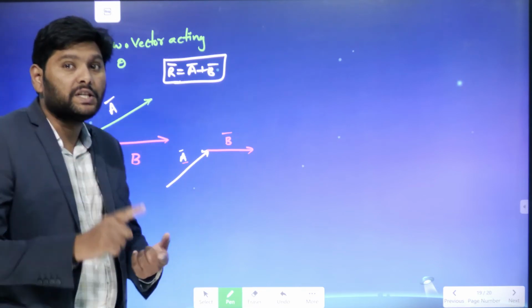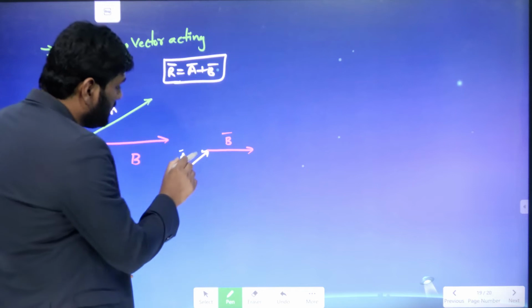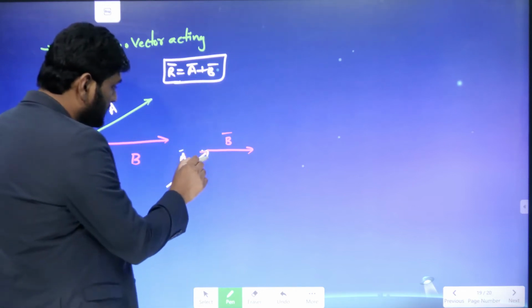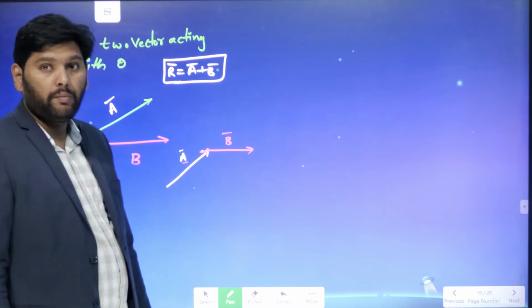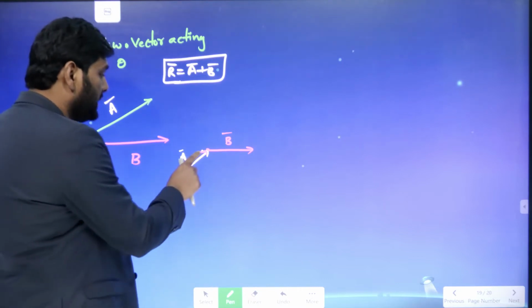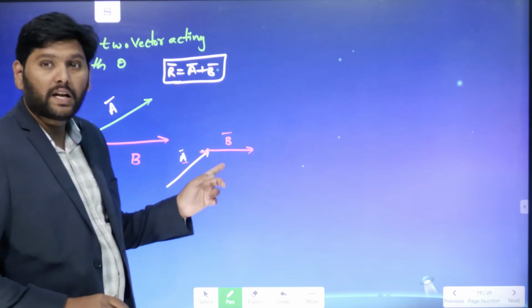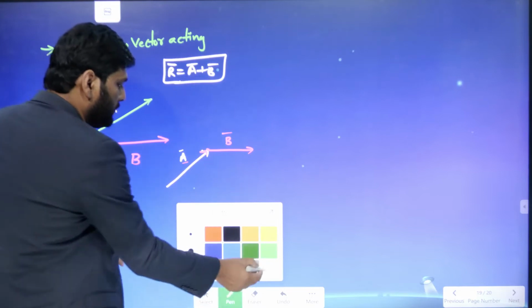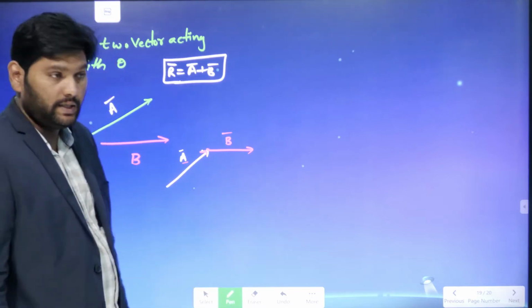And what is the condition I have used here? I am adding by attaching the first vector head to the second vector tail. So now, what is the resultant? Who will represent the resultant vector here?